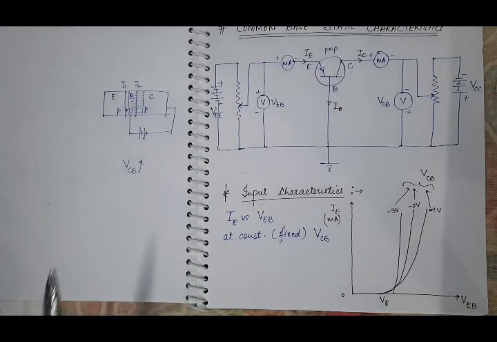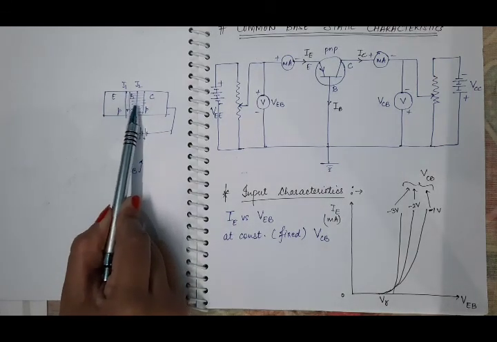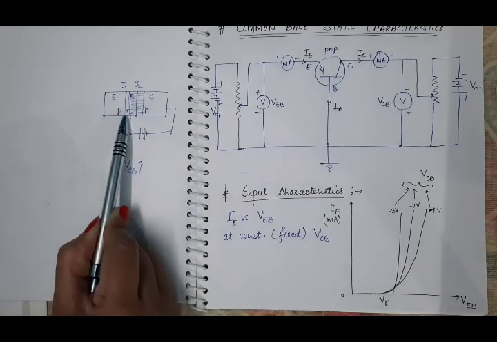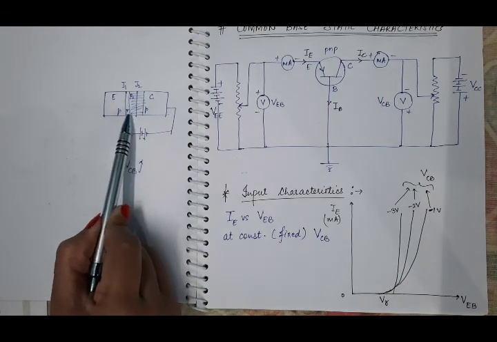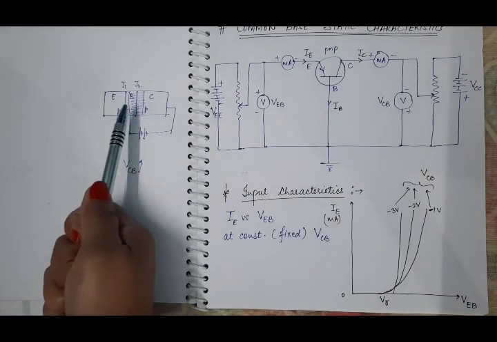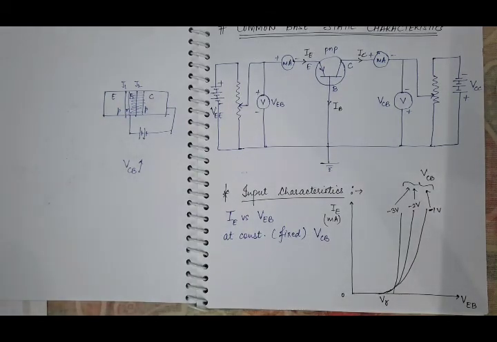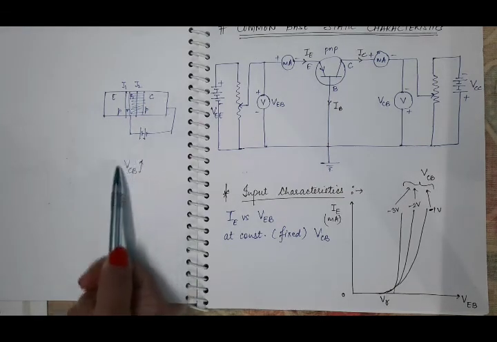It means if this depletion layer's area is increasing in the base, then this reverse potential will attract more holes, which are minority carriers in the base, from the emitter. It means it will increase the emitter current. So that is why emitter current starts rising rapidly with the increase in VCB.